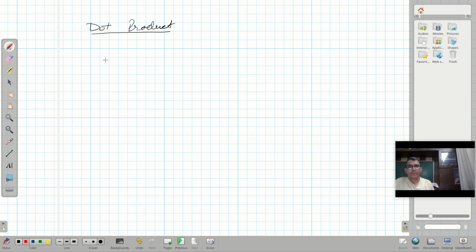Generally, when we talk about dot product, if we are having two vectors, one vector is A and another vector is B, and both the vectors are making an angle theta with each other, then their dot product is mathematically represented like this, and it is defined as the magnitude of first vector, magnitude of another vector, and cosine of the angle between them. So this is known as the dot product.